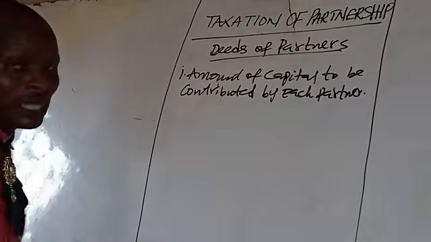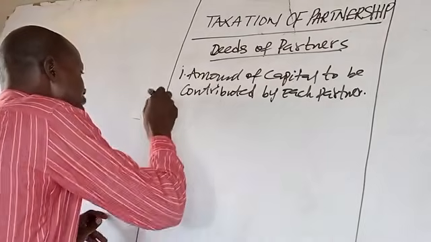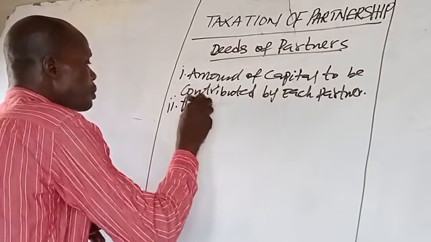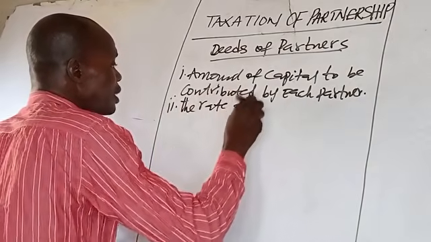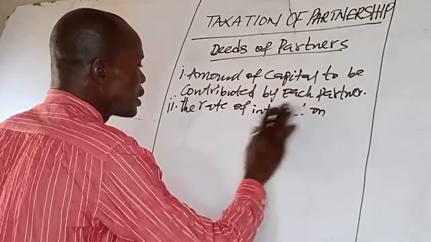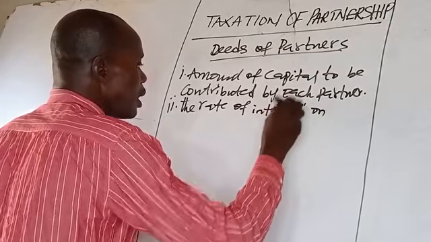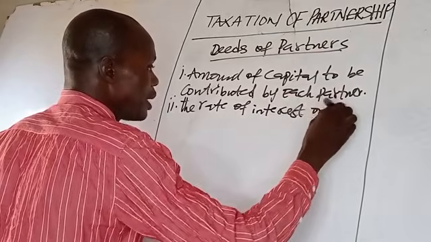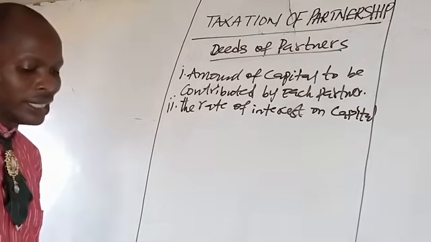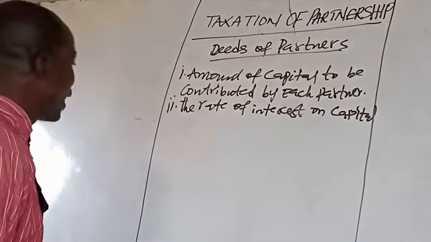Number 2, the rate of interest on capital. This must be spelled out in the deeds of partners.